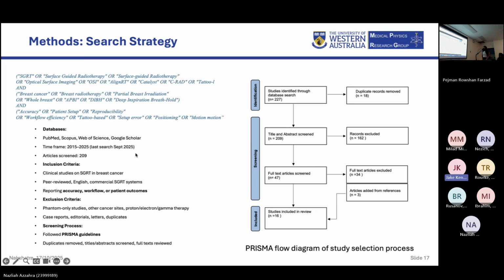So that is a PRISMA flow diagram. The search yielded 227 articles, and after applying a lot of filtration, I included 16 studies.